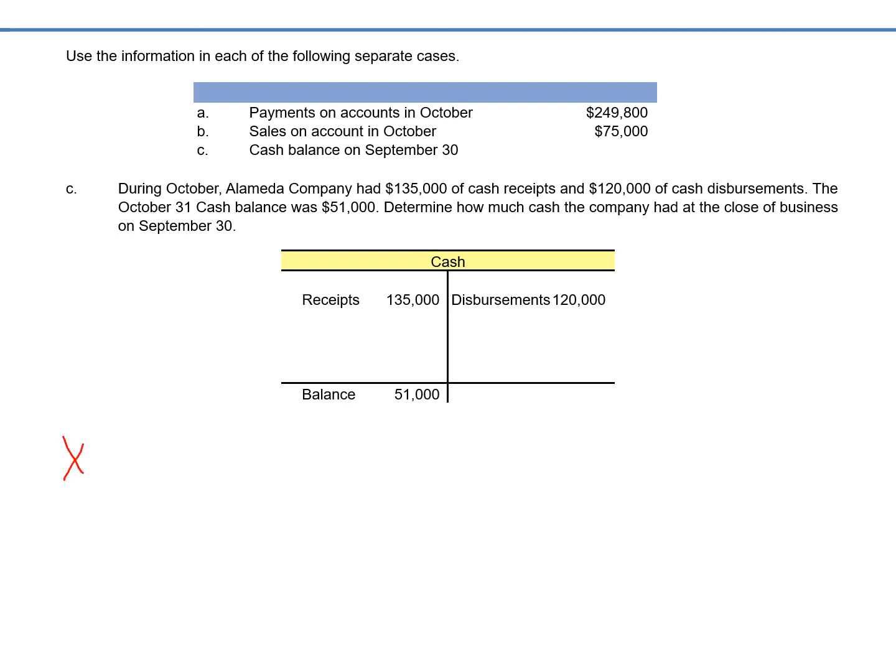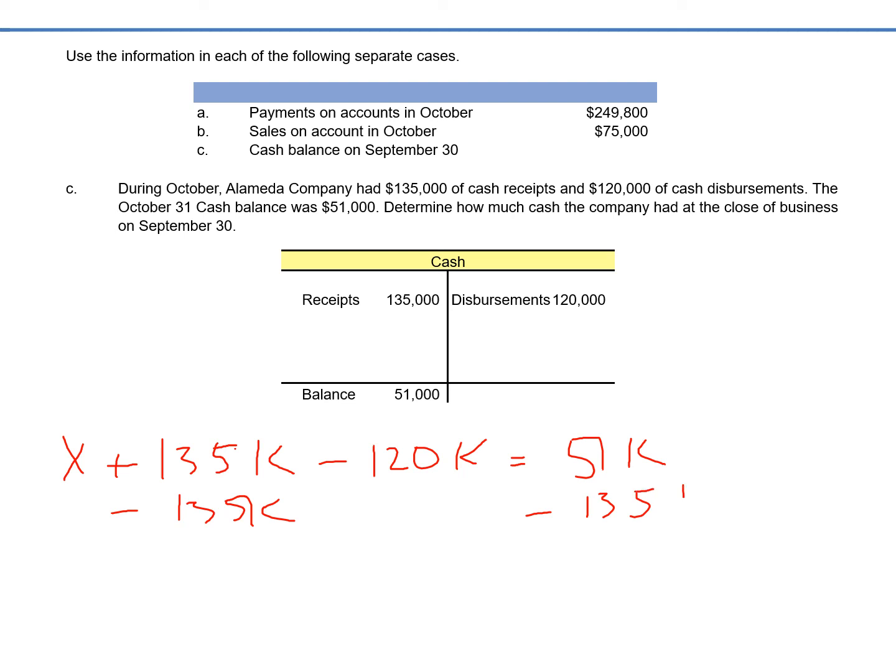So in this case, it's X plus 135,000 minus 120,000 equals 51,000. So if we subtract 135,000 from both sides, and if we add 120,000 to both sides, then what we're left with is 0, 0.